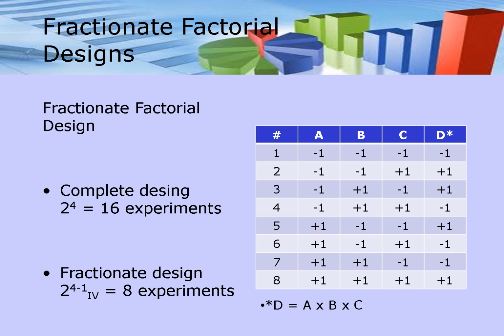In practice, we created a complete design for 3 factors, represented by factors A, B, and C. Then the levels of the fourth factor are defined as the interaction of other factors. In this example, the levels of factor D are defined by multiplying the levels of factors A, B, and C.